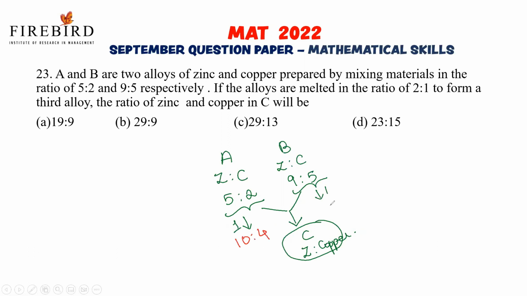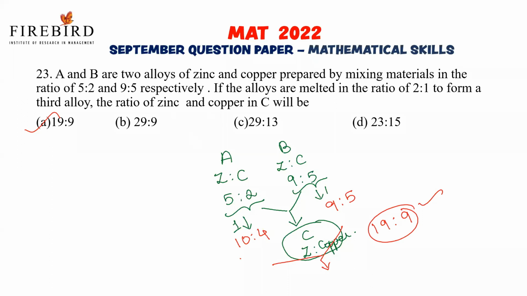And here it will again be 9 is to 5. Now if I mix both the parts, I get 10 plus 9, 19, and 4 plus 5, 9. So 19 is to 9 is your answer. Now, we'll move to the next question.